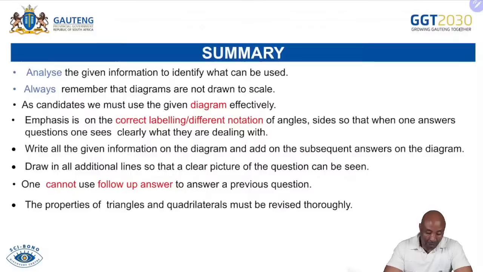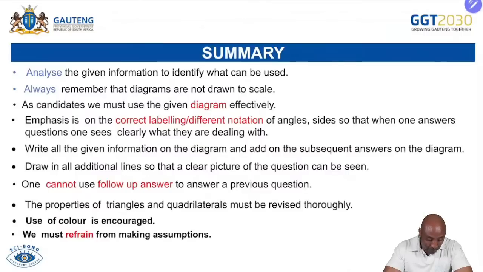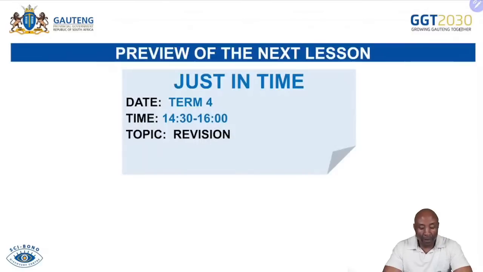And the properties of triangles and quadrilaterals must be revised thoroughly for analytical geometry. And use of color is encouraged, especially with Euclidean geometry. We must refrain from making assumptions. If they've not said the line is a diameter, we can't assume it is a diameter.